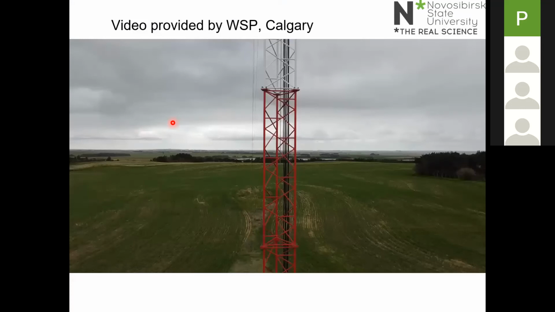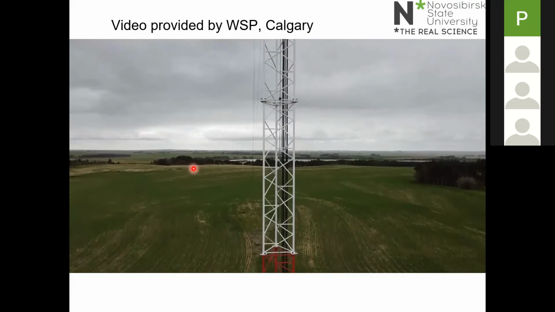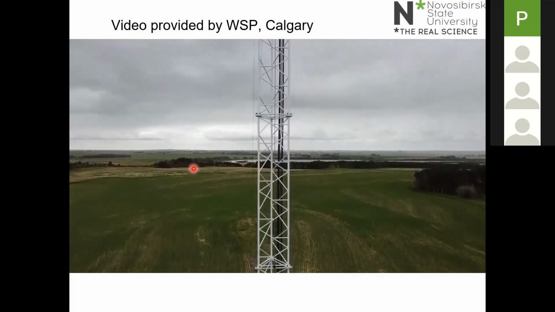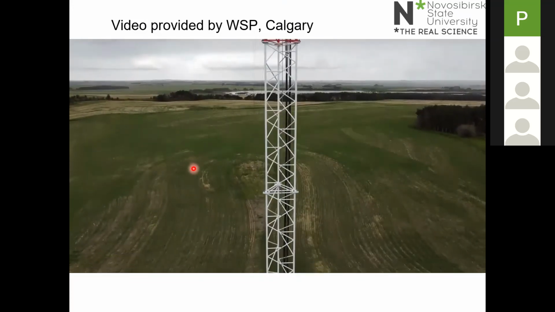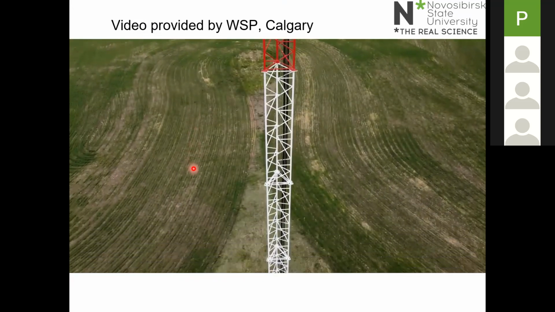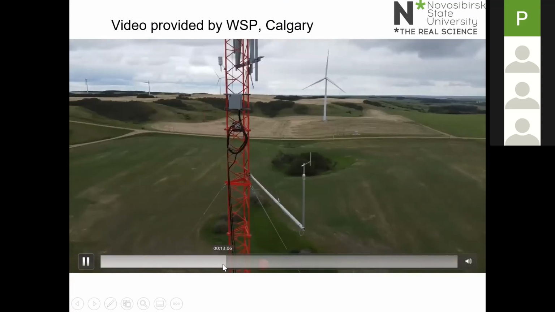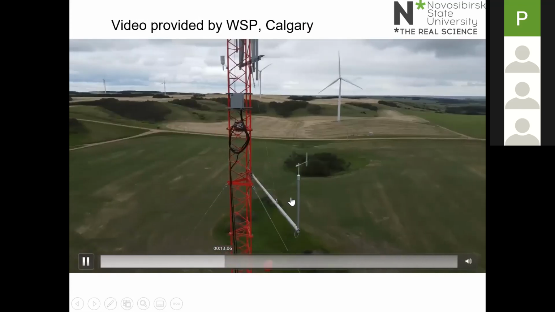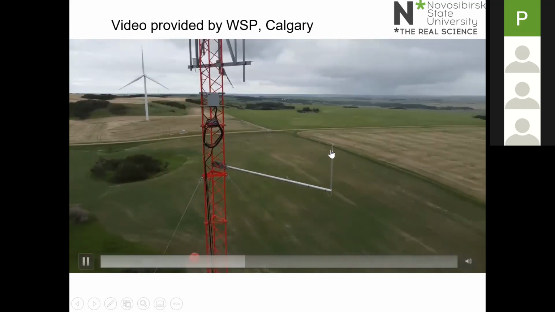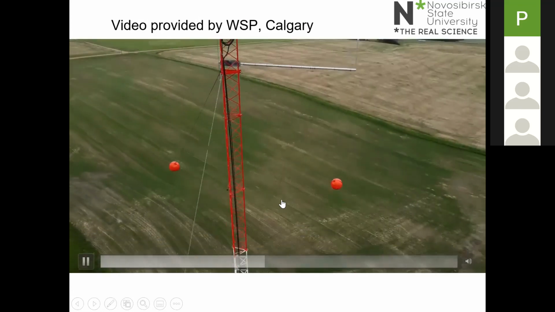That information, I wonder if this video will work. Yep, it's working. Here's a wind mast, an anemometer mast. Okay, you can see a wind vane coming off the mast.